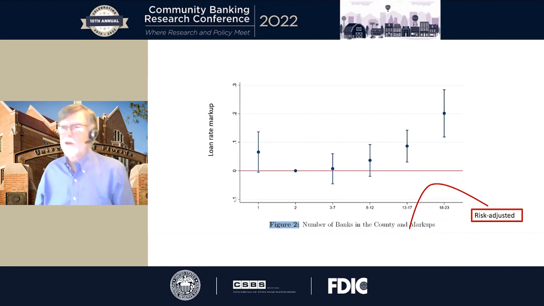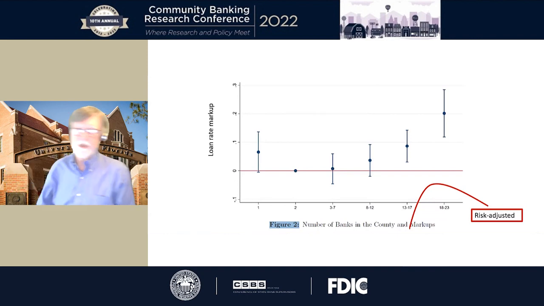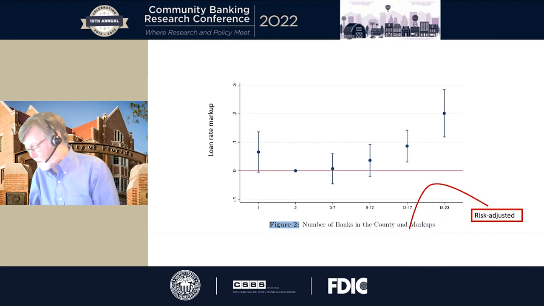This is how much higher the loan rate is than that default rate would imply. So the loan rate is some sort of riskless rate plus a markup for expected losses. And this says that with lots of lenders, you've got a lot of opportunities for unseen bad information to be around.